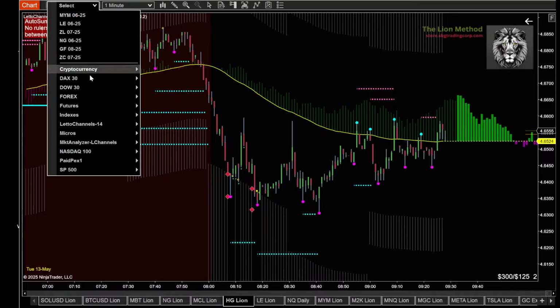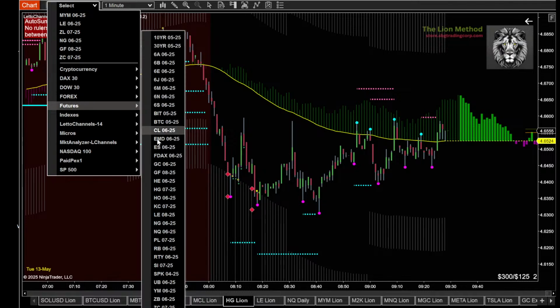Copper is doing nothing. Let's take a look at another instrument. Let's look at silver.